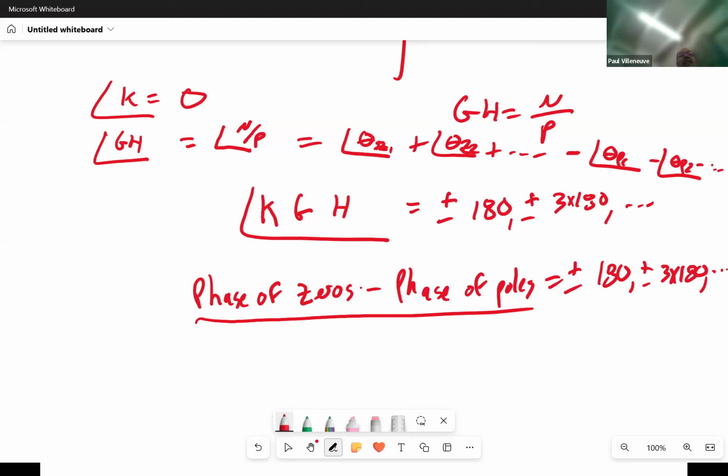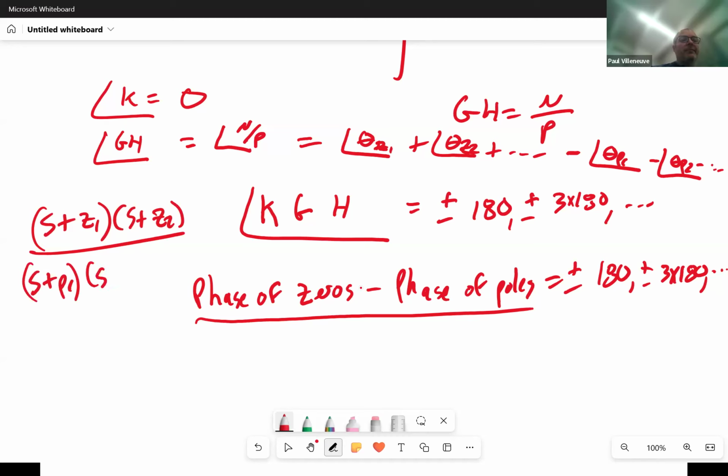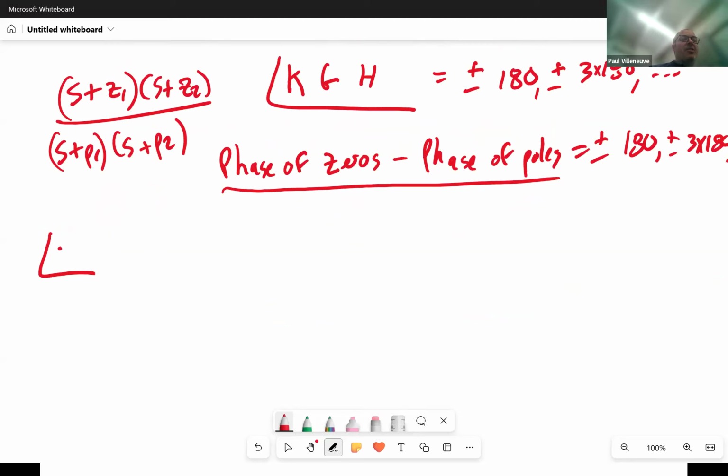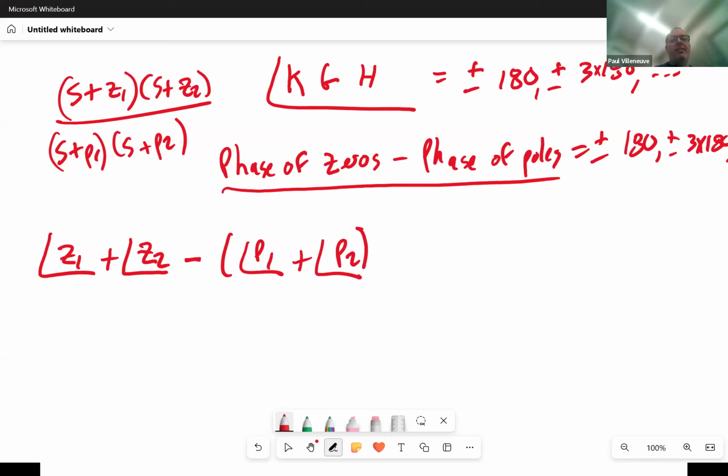We're subtracting or adding the angles based on the poles, because if I have S plus Z1 times S plus Z2 all over S plus P1 times S plus P2, and I asked you to give me the angle of this, you would say the magnitude associated with Z1 plus the magnitude associated with Z2 minus, oops, the magnitude, not Z, the magnitude of whatever that pole one is, plus P2, isn't it?